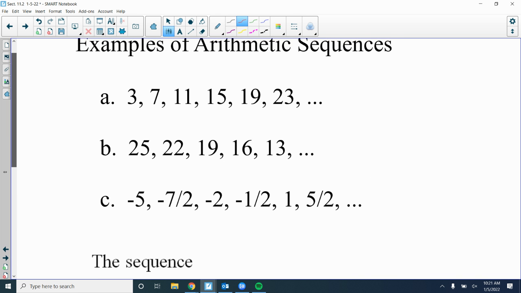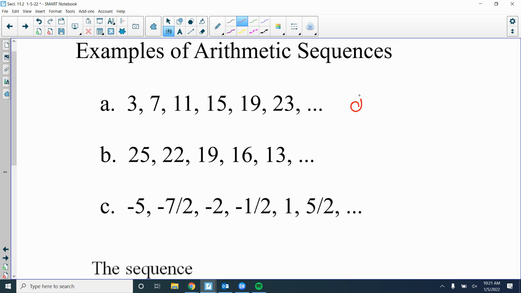Well, we know up here that D is 4. 11 minus 7 is 4. 23 minus 19 is 4. It's always going to be the case. It's how you figure out your common difference. If you're not sure, like I think I know it, but I'm not sure, you just subtract. D is -3. Yes, D can be negative. 22 minus 25 is -3. 13 minus 16 is -3.